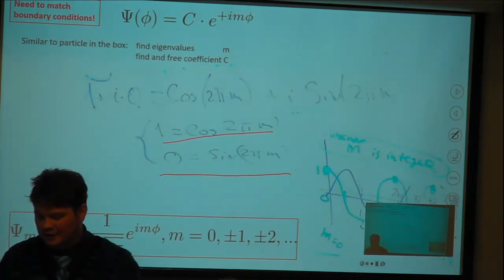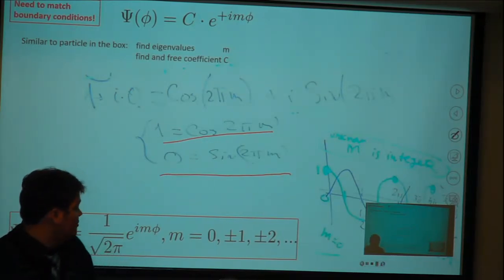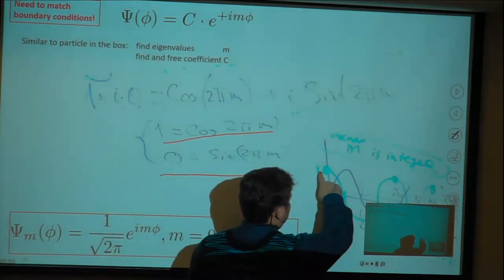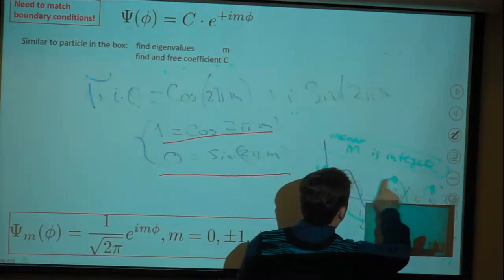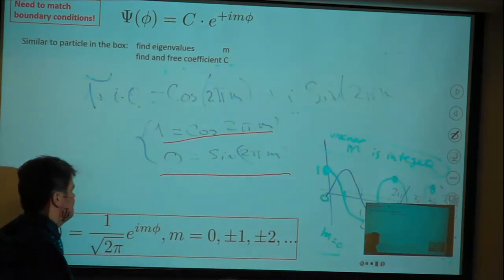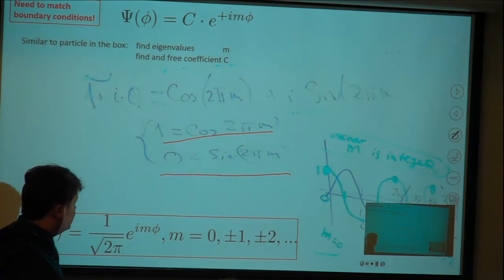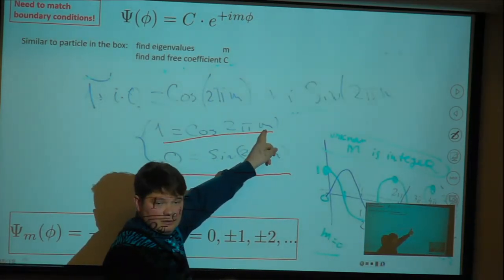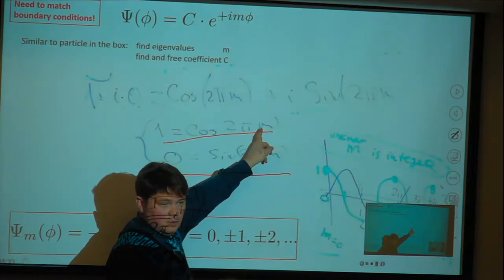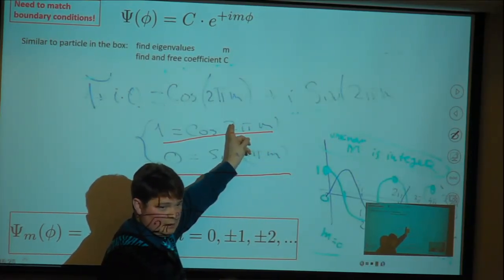And if I'm very tired and lazy, I'll solve the equation graphically. So just draw the oscillating cosine function and look for the points where it is equal to 1. Cosine will be equal to 1 when the argument is a multiple of 2 pi, right?